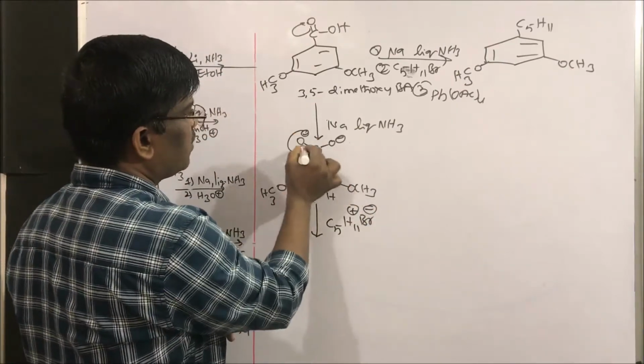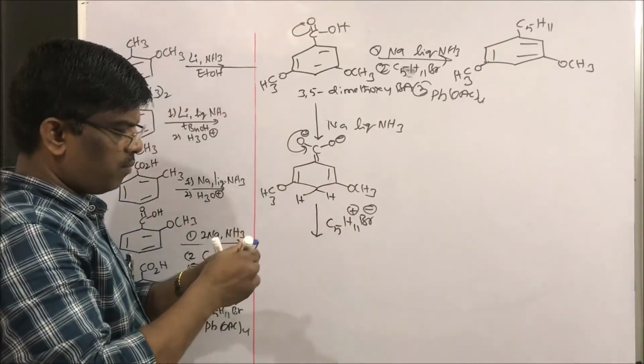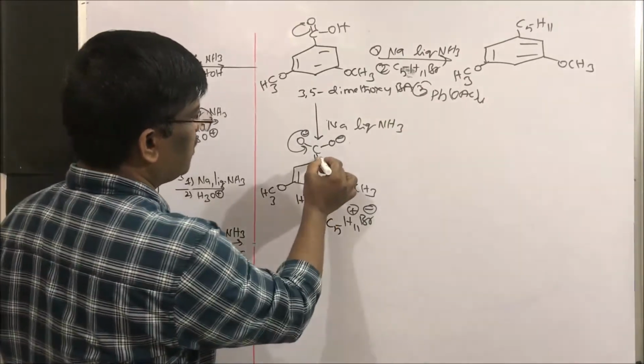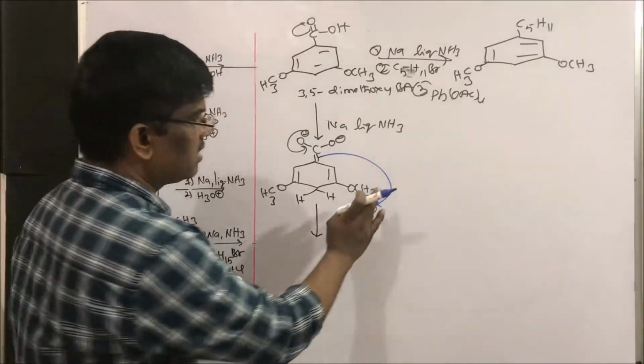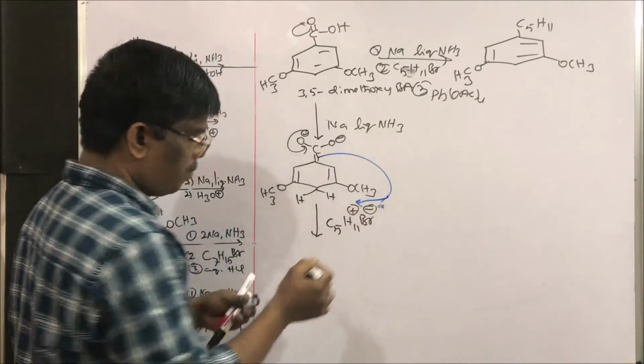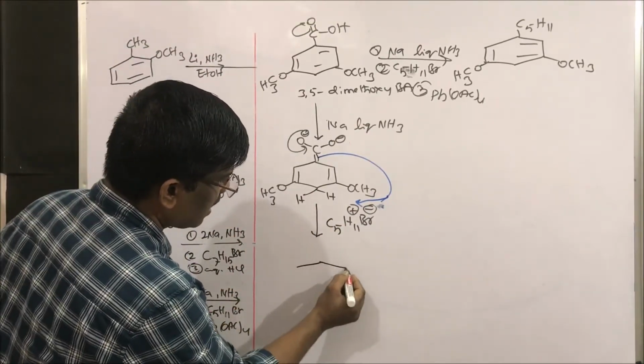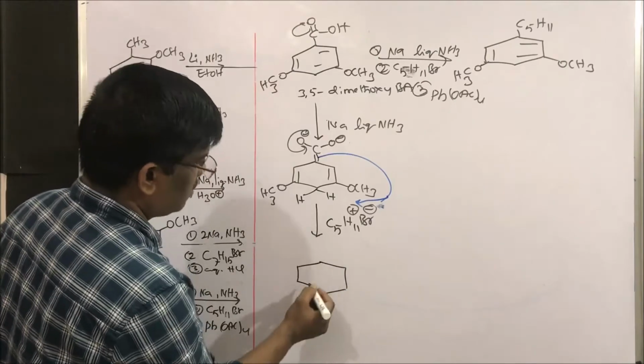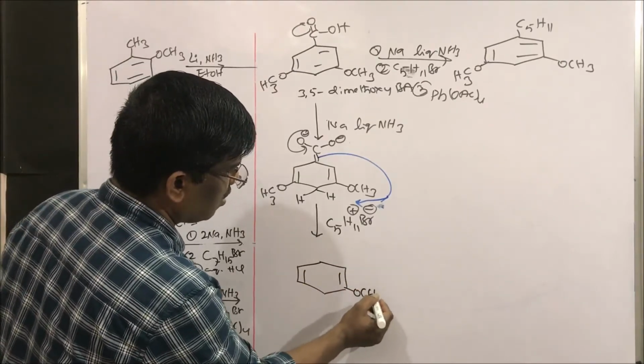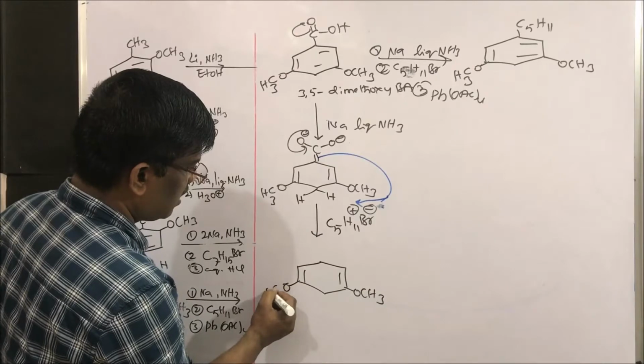So what is the position of this? Yes, by back polarization, it is going to take up this alkyl group to give this alkylated carboxylic acid. So the alkylated O-methoxy will be intact.